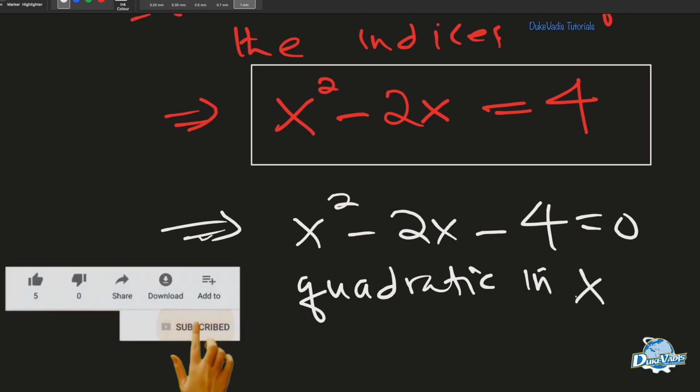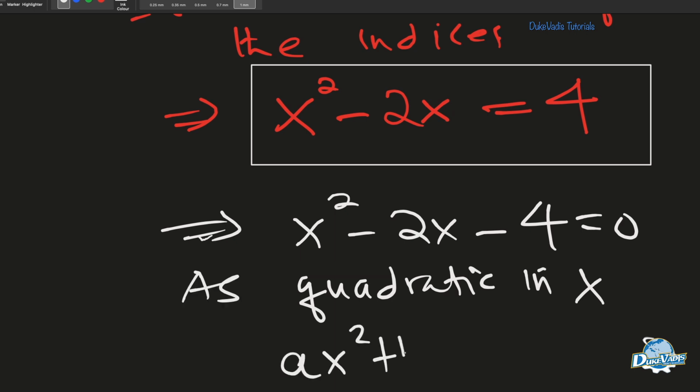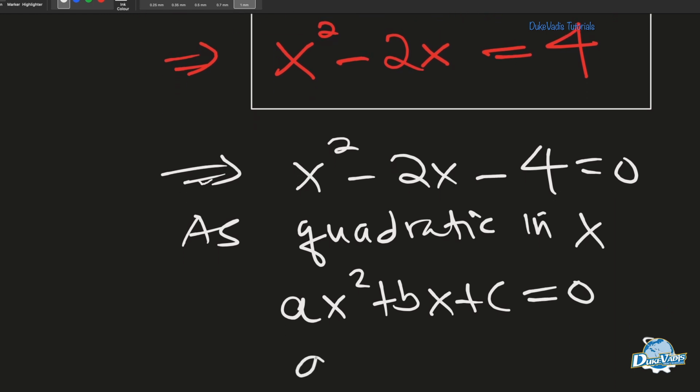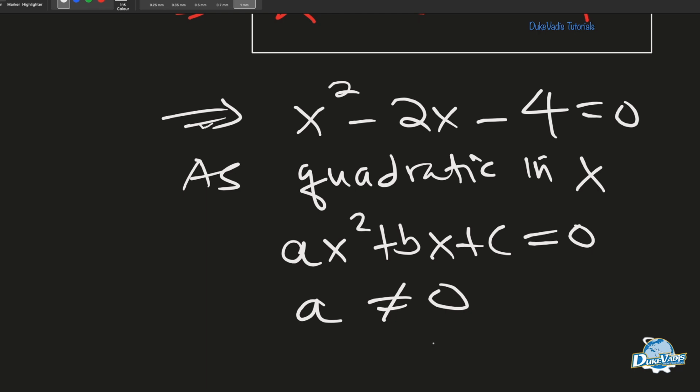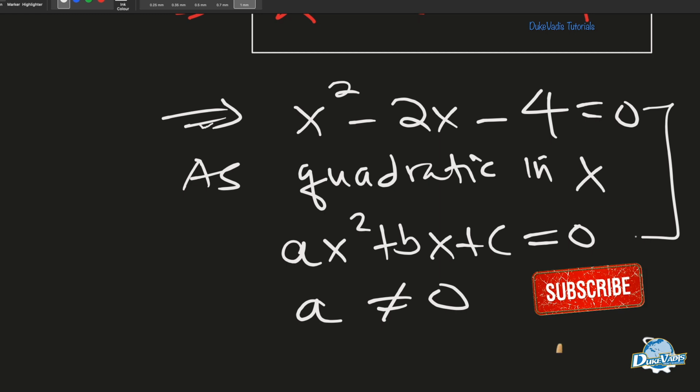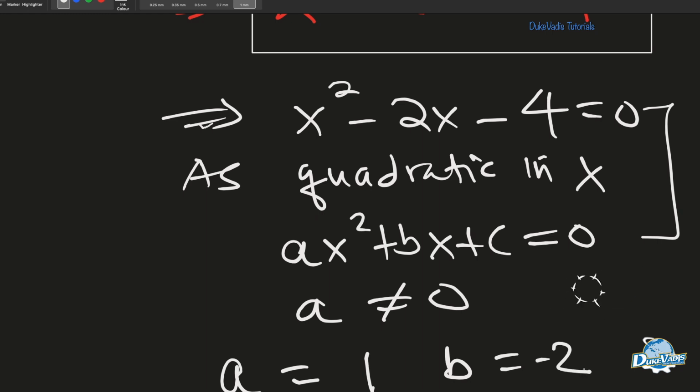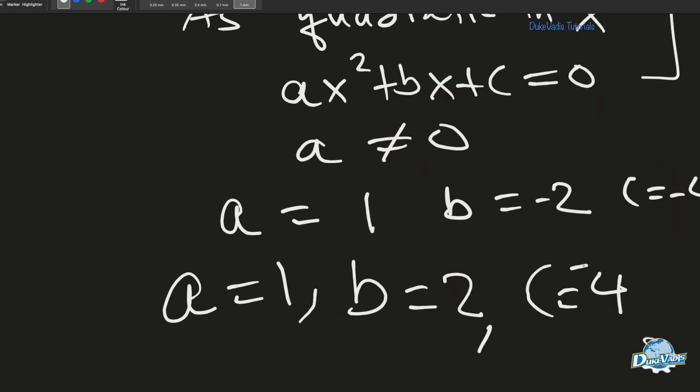And we know every quadratic equation conforms with ax squared plus bx plus c equal to 0, such that a is not equal to 0. If we compare these two equations, we can say that a is equal to 1, b is equal to -2, and c is equal to -4.